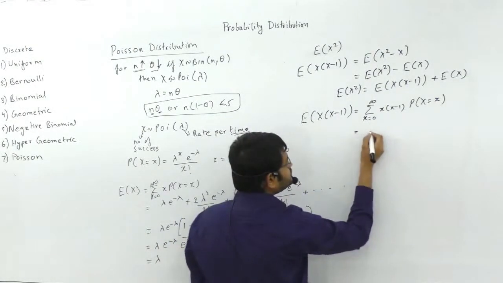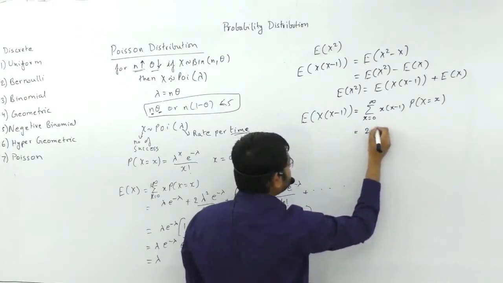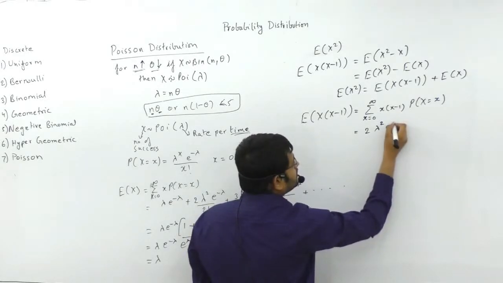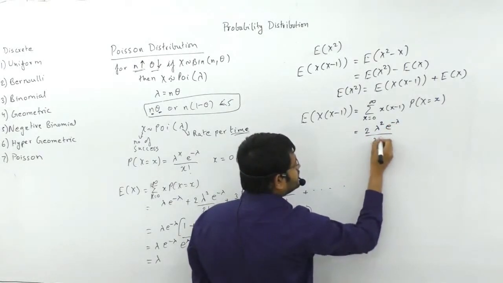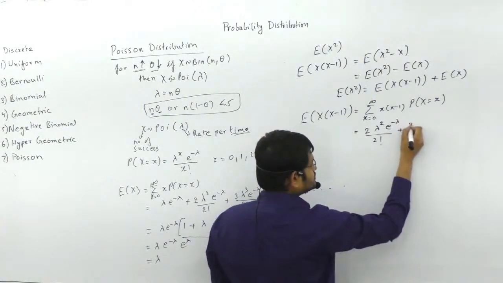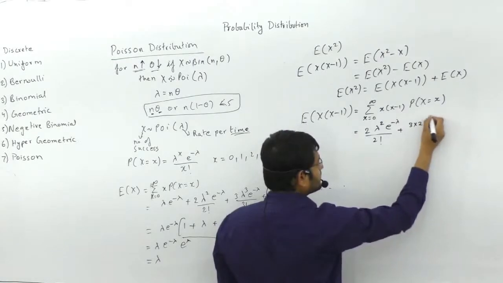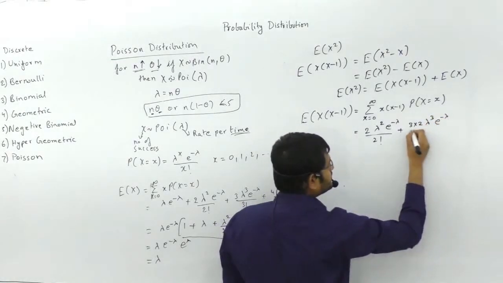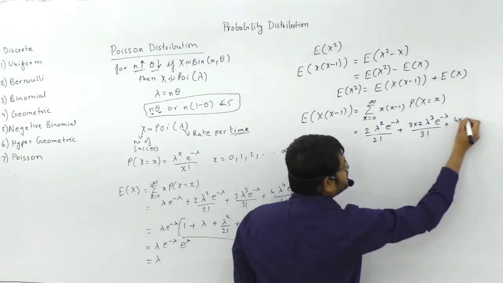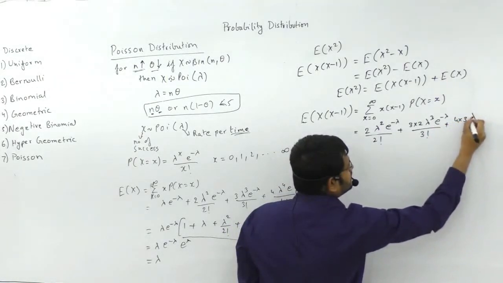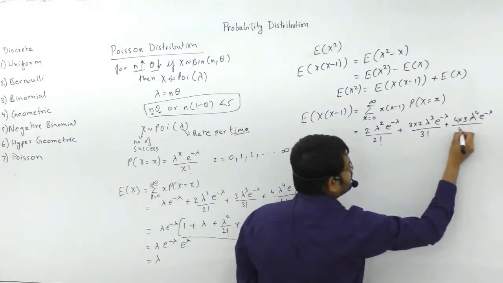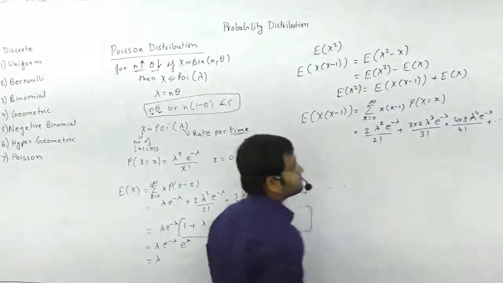So for x equals 2, we'll have 2 into probability, which is lambda square e raised to minus lambda by 2 factorial. Then plus, for x equals 3, 3 into 2 lambda cube e raised to minus lambda by 3 factorial, plus 4 into 3 lambda raised to 4 e raised to minus lambda upon 4 factorial, and so on.